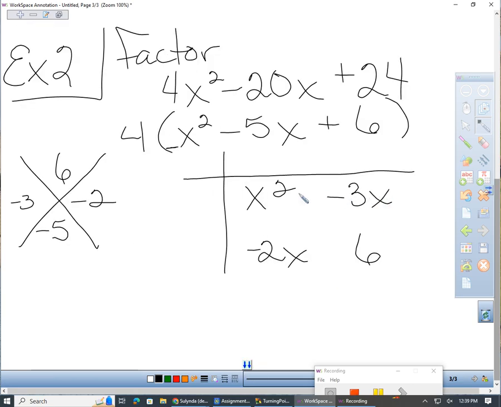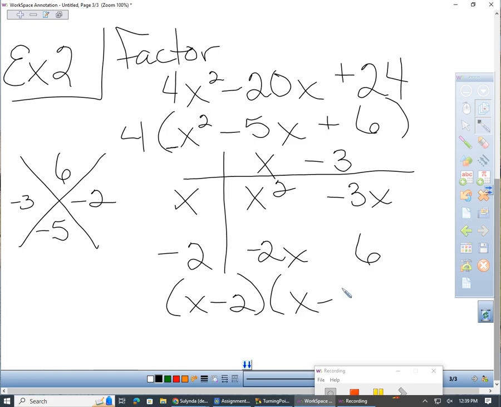So in that top line, the only thing common is an x. In the bottom line, the negative's right next to the side, and a 2, very good. Up and down, I can take out an x, and here I have that negative right next to the side, and a 3. So I have x minus 2, x minus 3, and then, of course, don't forget that front coefficient we took out of 4.